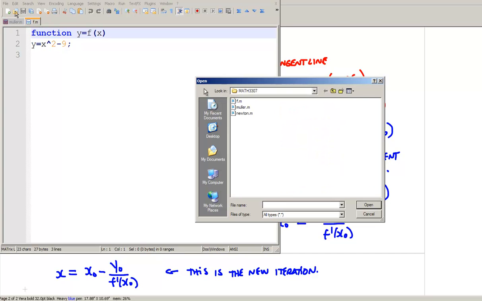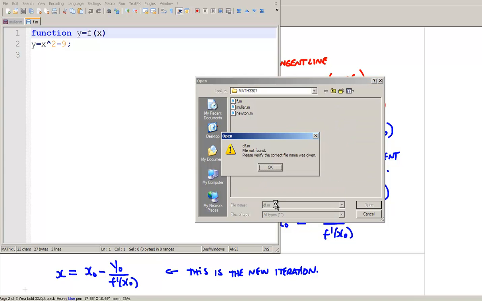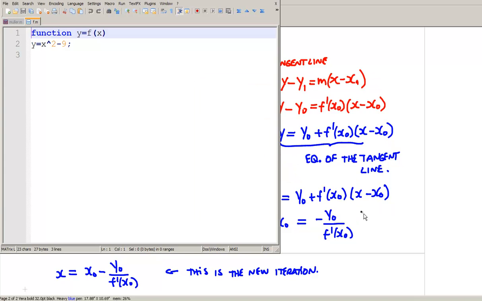I'm going to create a new function. Let's call it df.m. The function should be y equals df of x, and it's the derivative of this function here.